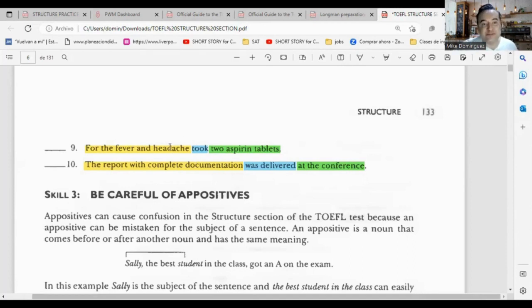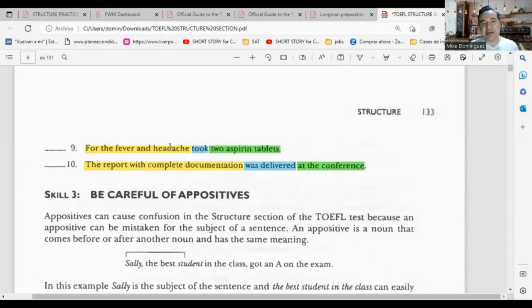Fever and headache are nouns. Fever runs, fever no, right? Remember, a verb is an action, and the subject should be able to perform the action.